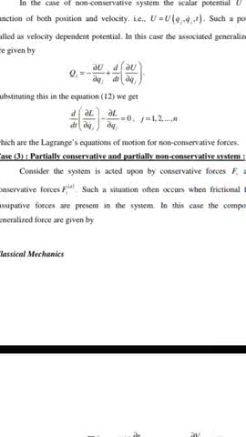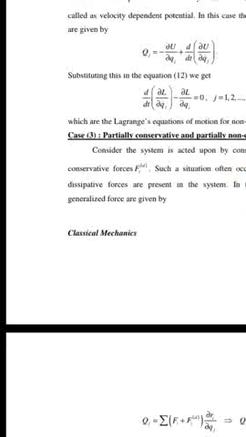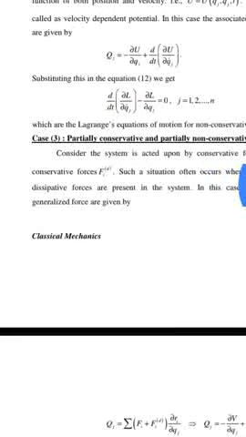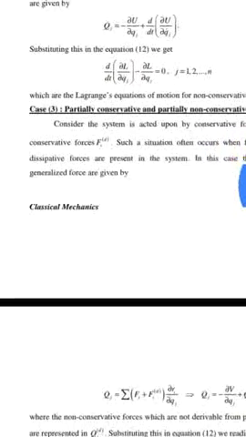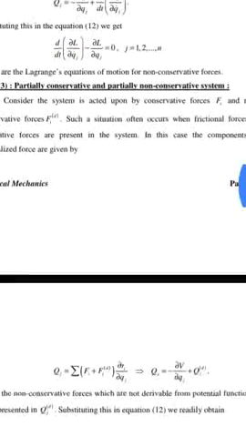In this case, the associated generalized force is given by Qj is equal to minus del U by del qj plus d by dt of del U by del qj dot. Substituting in this, d by dt of del L by del qj dot minus del L by del qj is equal to 0, which are the Lagrange equations for a non-conservative system.